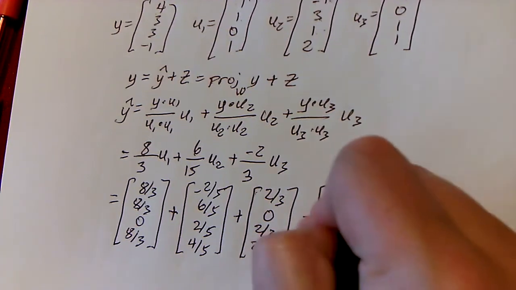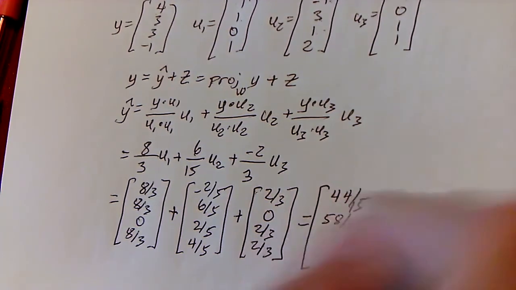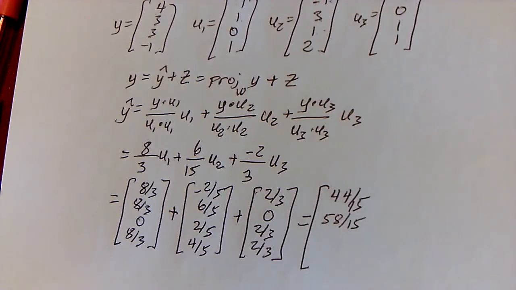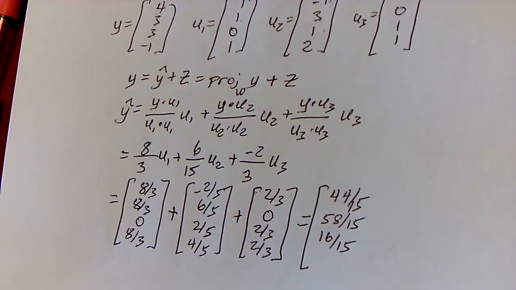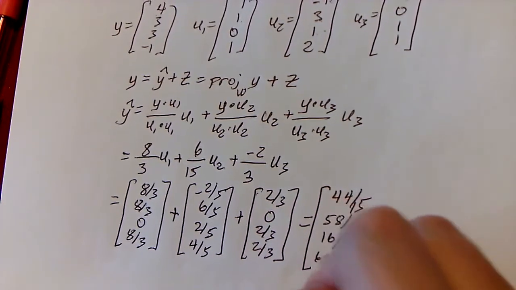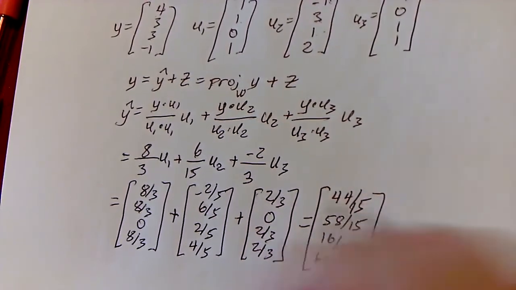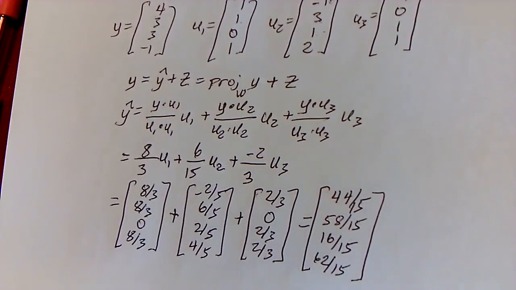Okay, so I've got 58 over 15. 2/5 and 2/3. That's 16 over 15. Okay, and then I've got 10/3 and 4/5. 10/3 and 4/5 is going to come out to 62 over 15. Okay, so there's my first vector.